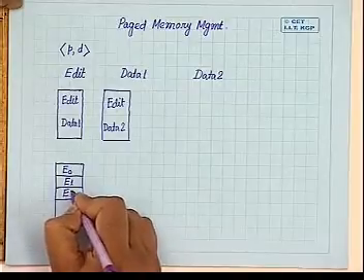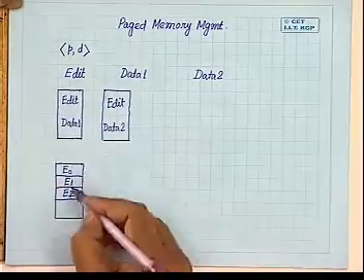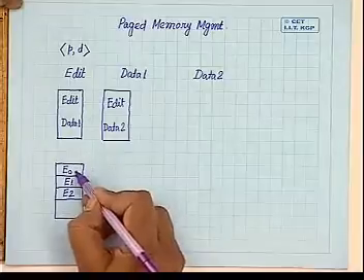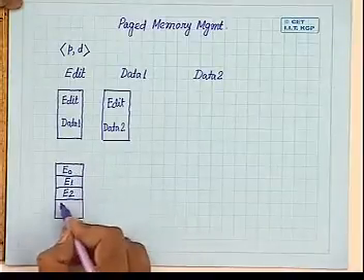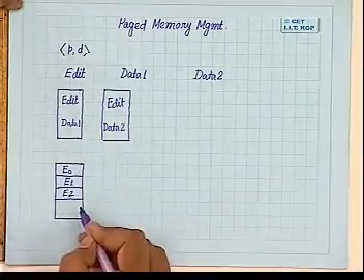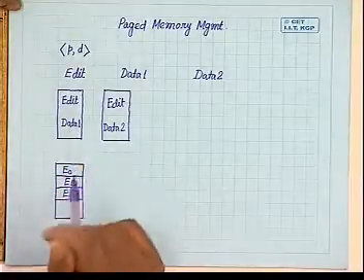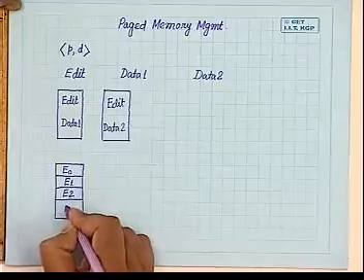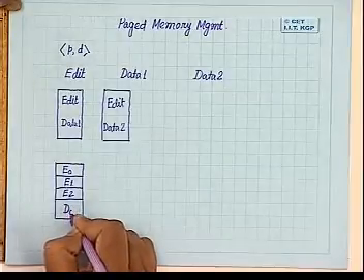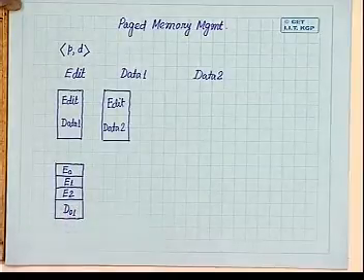Suppose the logical space for the edit code is divided into 3 such pages, E0, E1 and E2. For the data part, it will be a different page. So if this data is contained in a single page, this will be say D0 for user 1, so I'll put it as D01.